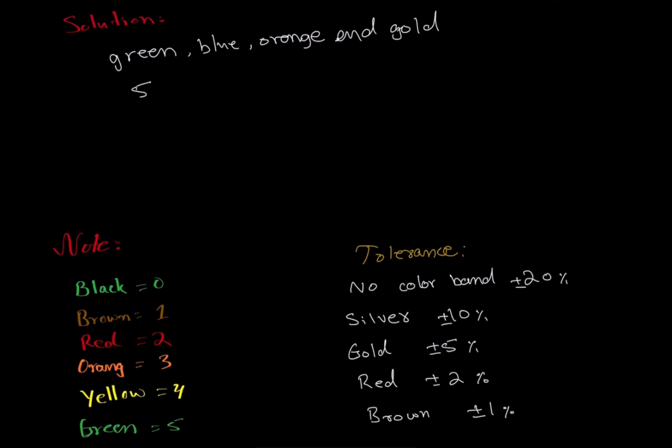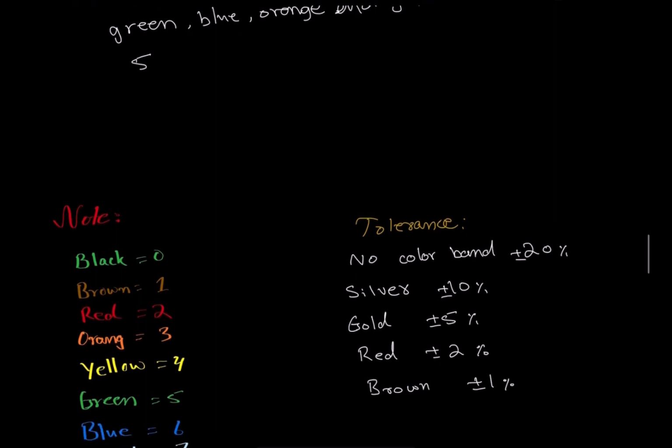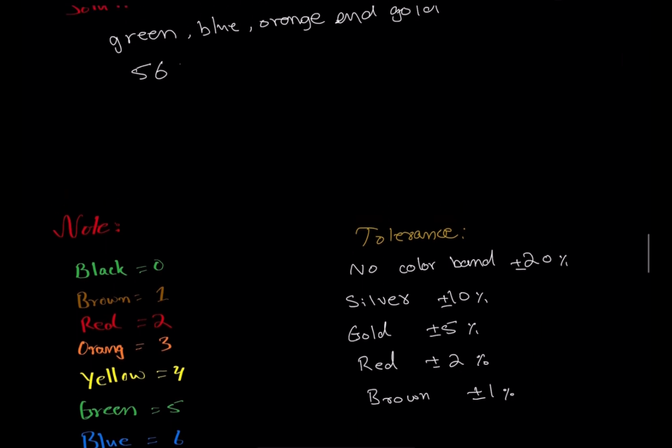The second one is blue, which is 6. The third one is the multiplier, which is orange, times 10 to the 3, because this is number 3, so it will be 10 to the power of 3. And the fourth one is the tolerance, brown, plus and minus 1%.